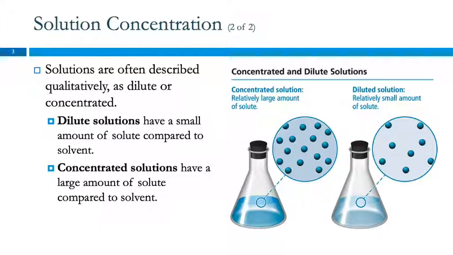So what do you do? You dump it into a pitcher and you add some water. You dilute it, right? You're adding more solvent. Is there water in that concentrate? Yeah, there is, but there's not very much. So you add more water and you dilute it, and then it tastes good. And if you were to add too much water, then it's not going to taste so good anymore, right? Because it's going to taste watery and weak. So that's a solution. It can be concentrated or dilute. Any questions about that?